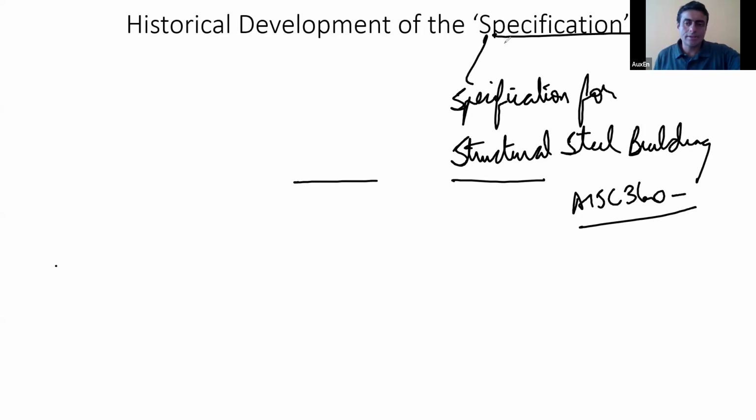Specification for structural steel building. So this is known as the AISC 360 now. If in future I use this word specification, this would mean the AISC 360. Clear? So let us look at the historical development of this particular specification.